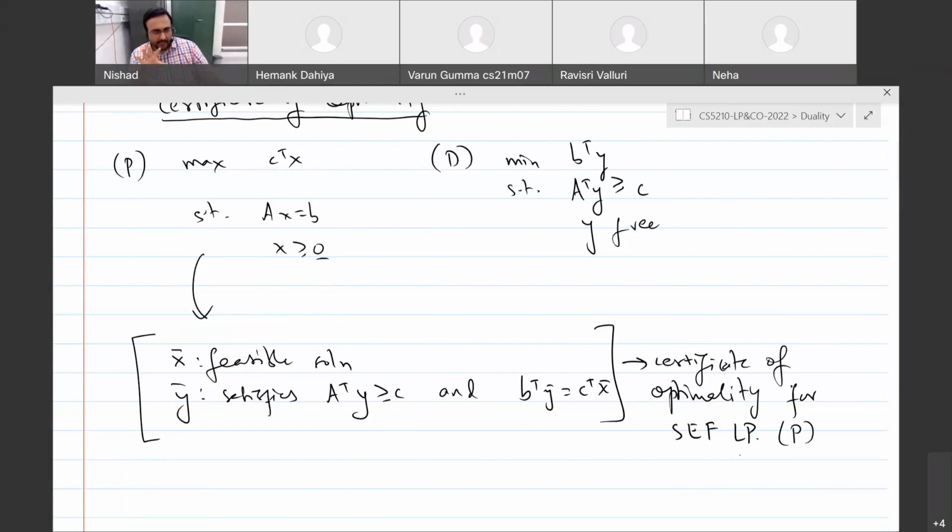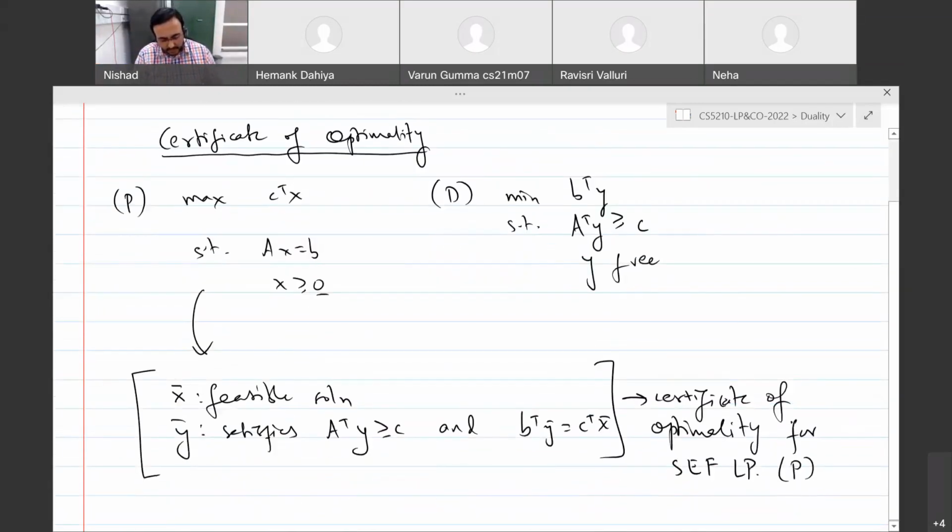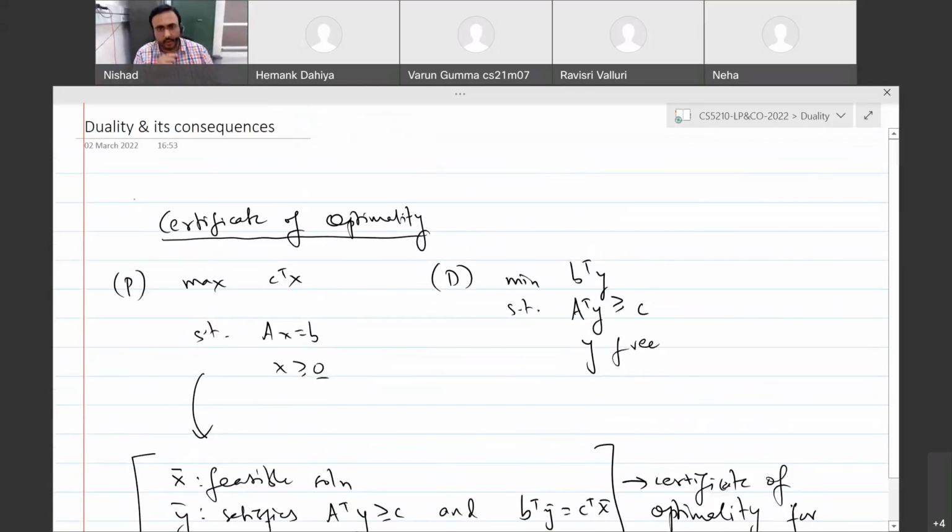We are thinking of everything from the point of view of the primal, but of course you can switch their roles, and now you can think of everything from the point of view of the dual, and this is still a certificate of optimality for the dual linear program. All right. If there are no questions regarding this, we will return to duality and its consequences in some time.